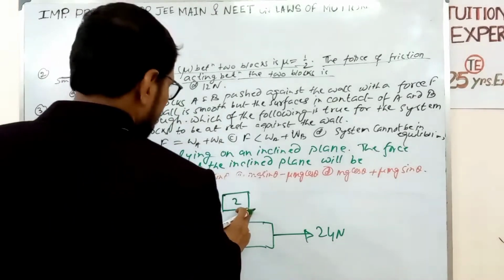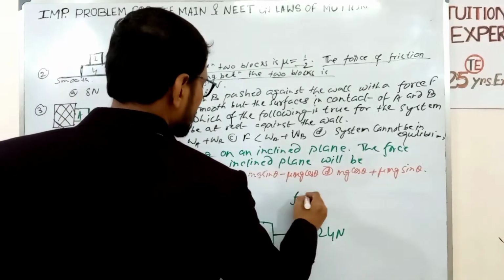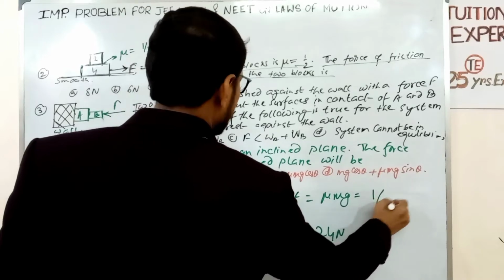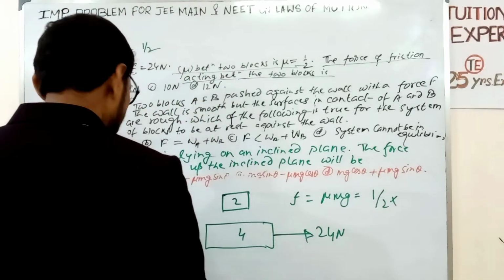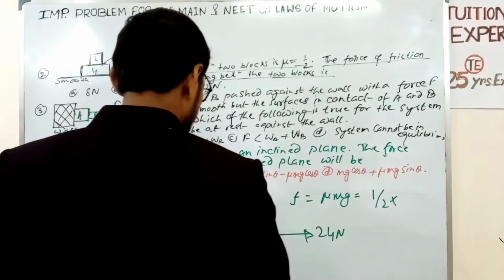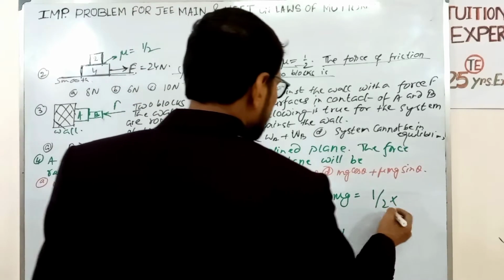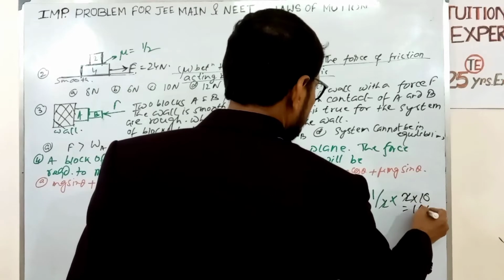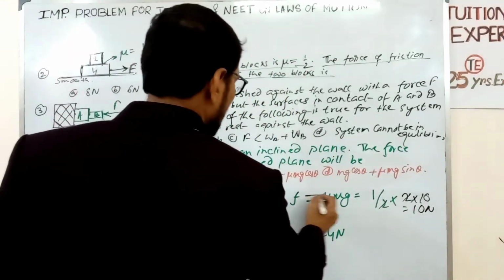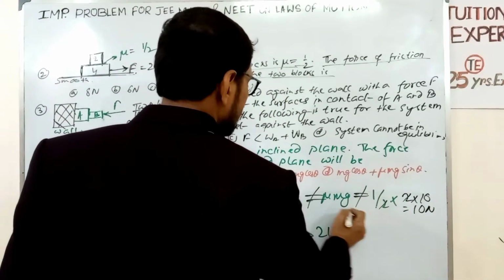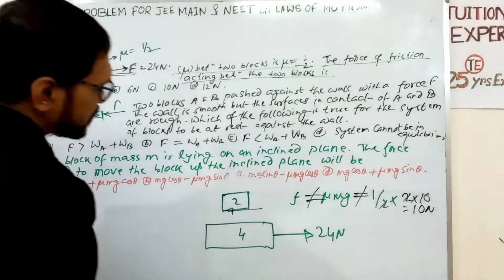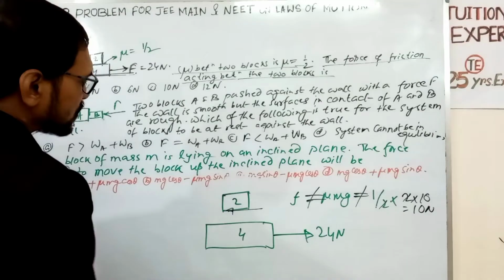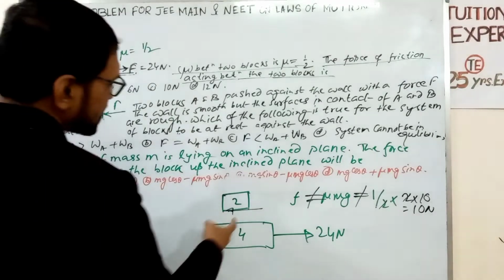If we write the friction force equal to mu mg, with mu equal to half, m equal to 2, g equal to 10, that is 10 Newton. Then this is wrong. Actually the answer will not be this. We always calculate the maximum friction, but the friction force will not always be maximum. So what is the friction force that acts?